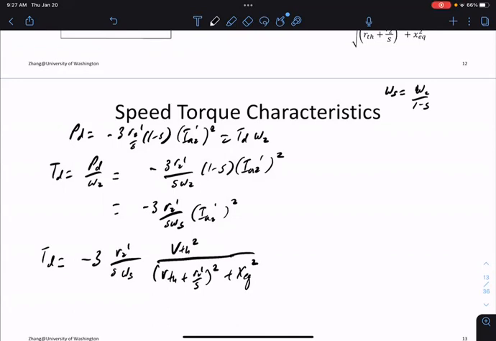To see this in the equation is actually not trivial, because you have S sitting in the denominator of two things. If you look at the first term, the R2 prime over S term, when S gets small, that term seems to go to infinity.